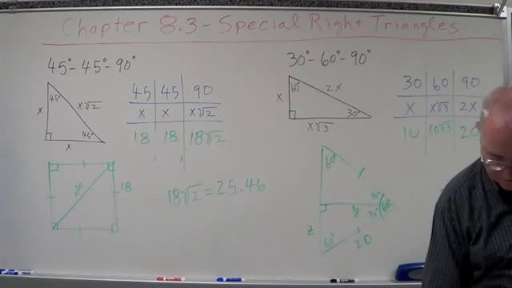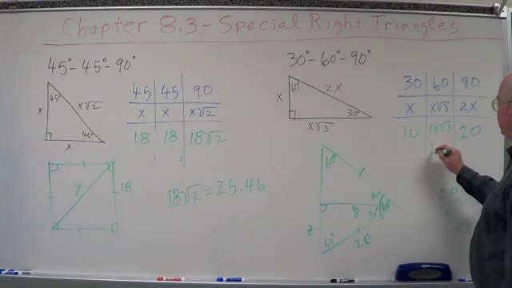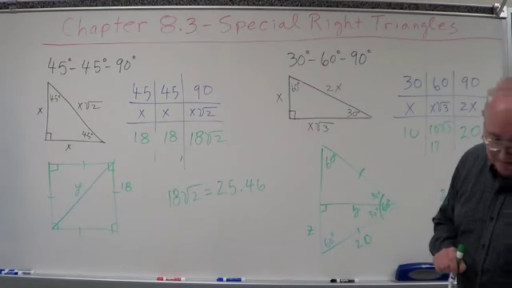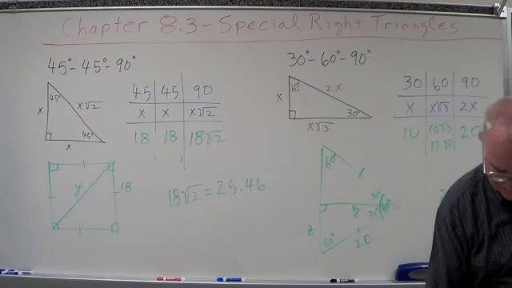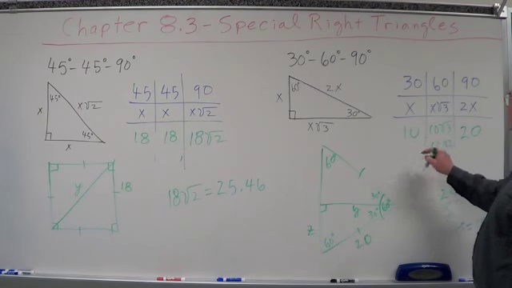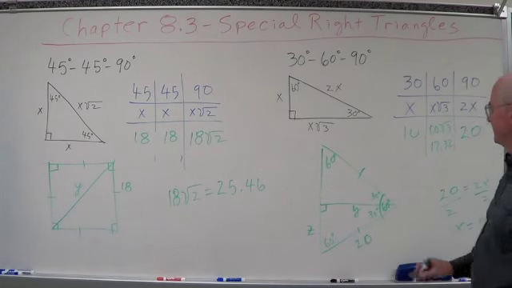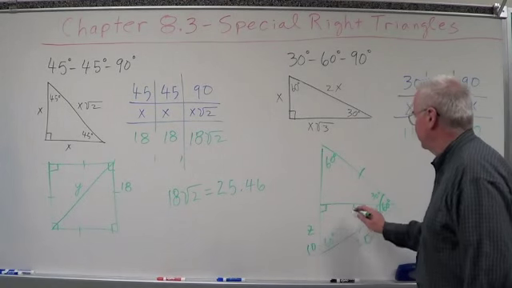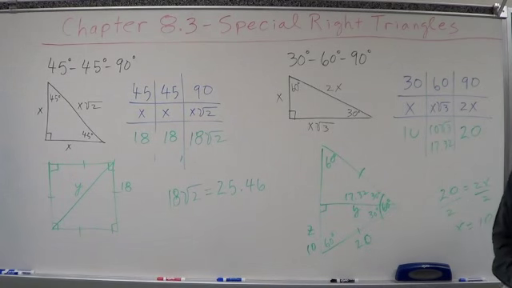What's 10 times the square root of 3? 17.32. So, what's my z? My z is 10. My y is 17.32. Okay? Special right triangles. All done.